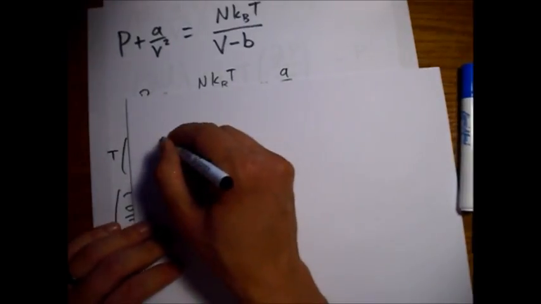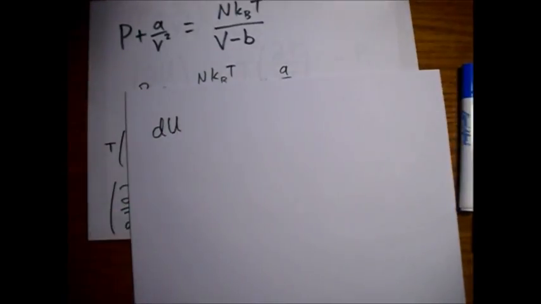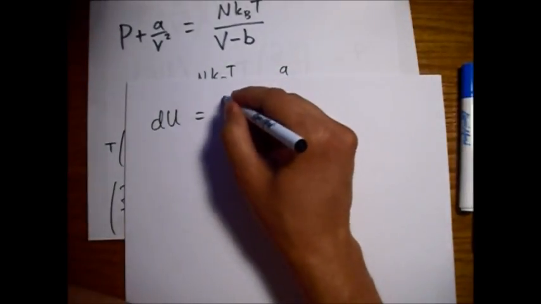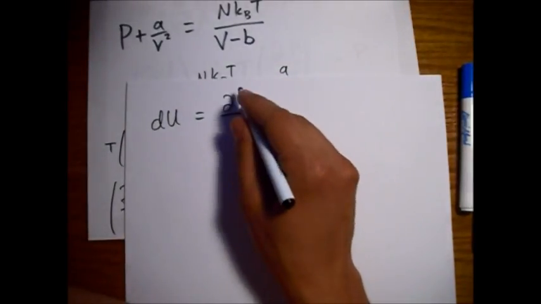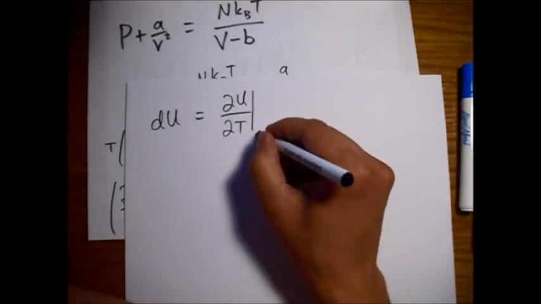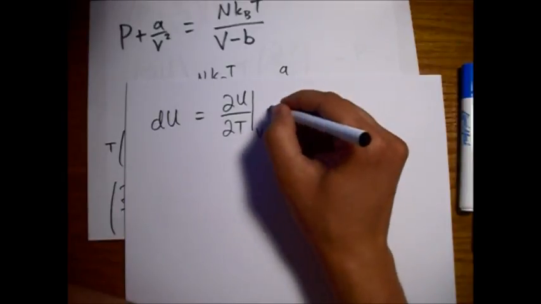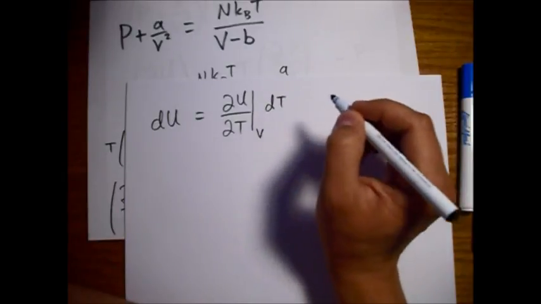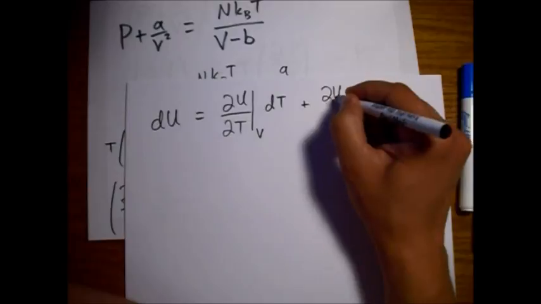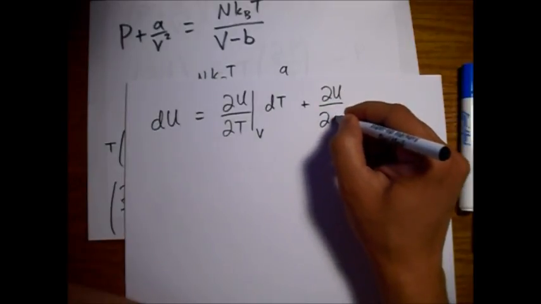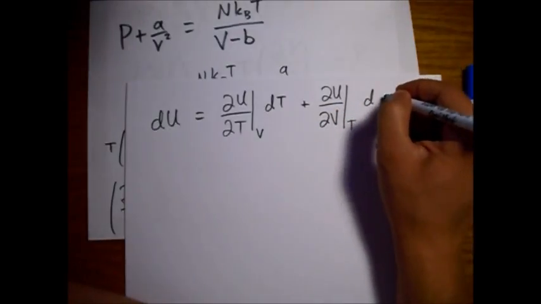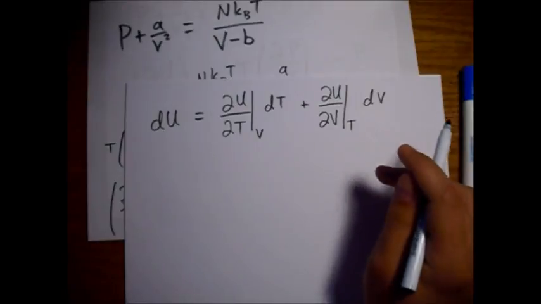If we look at our change in energy here, we have the derivative of energy with respect to temperature at constant volume multiplied by dT. This is just chain rule stuff. And now we're taking a partial derivative with respect to volume at constant temperature, with the dV here at the end.